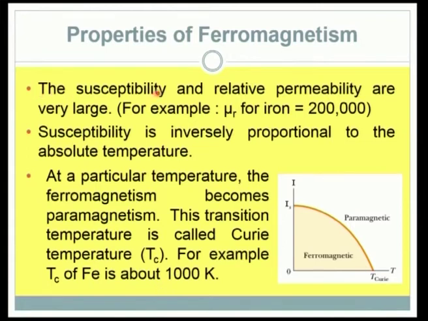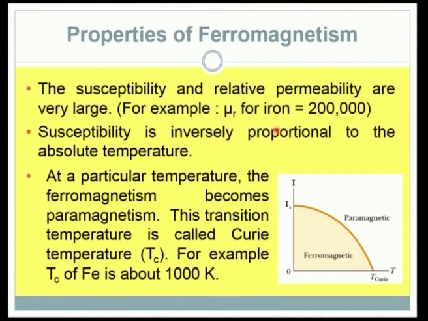The susceptibility and relative permeability are very large values. For example, the mu r for iron is nearly 200,000. So this is a huge value with which the iron is existing.